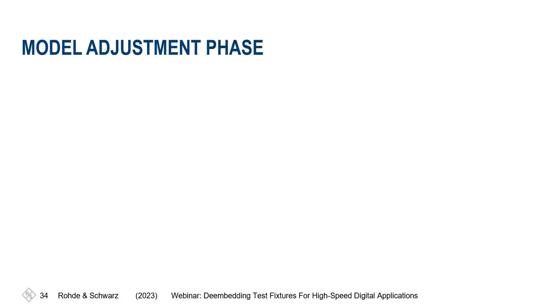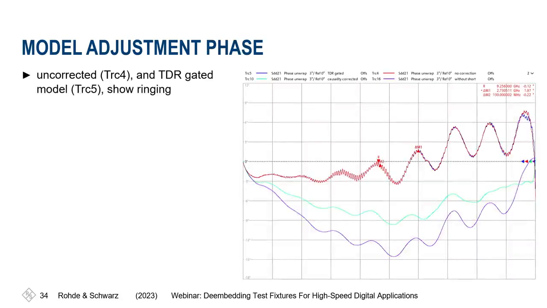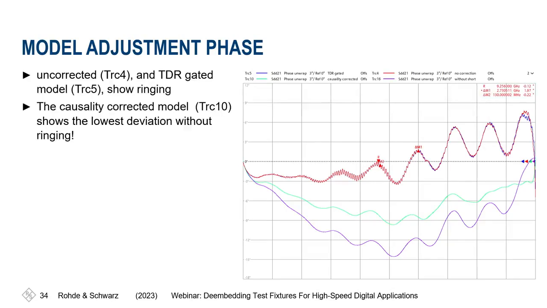So we just looked here at the phase of the models. We have 2 traces that show ringing again, which is the uncorrected model, and the TDR-gated model, trace 4 and 5. The causality-corrected model, trace 10, shows the lowest deviation and is without ringing.